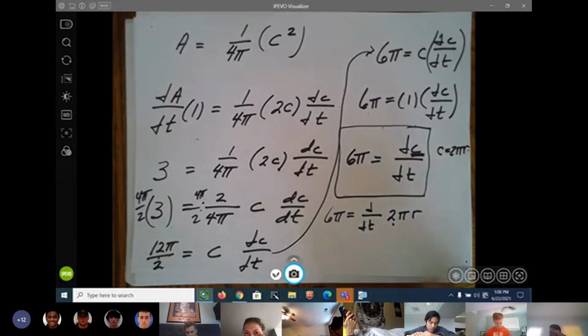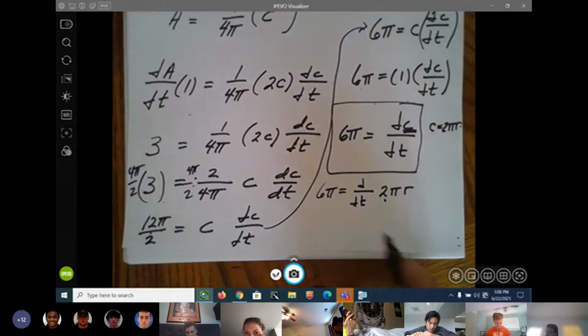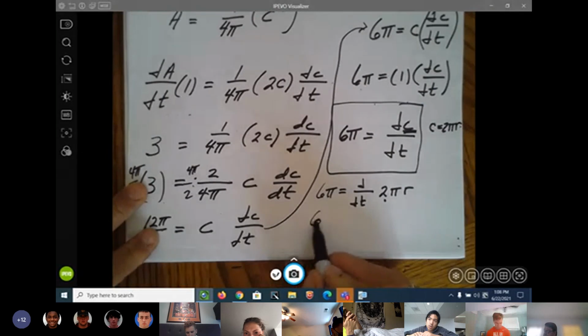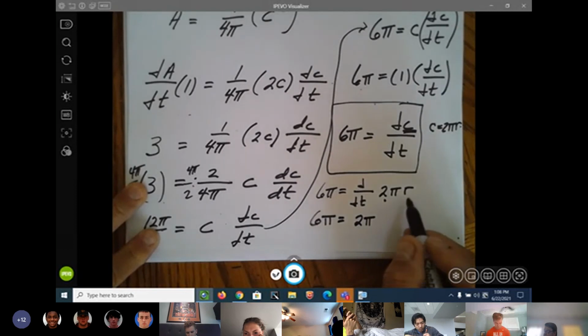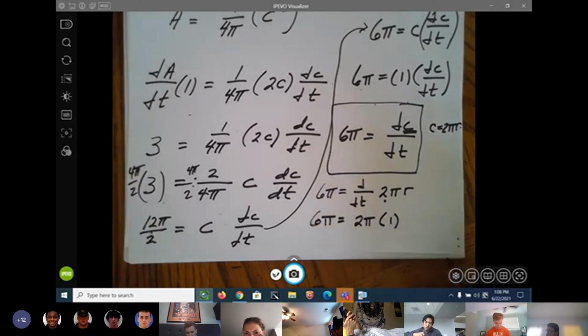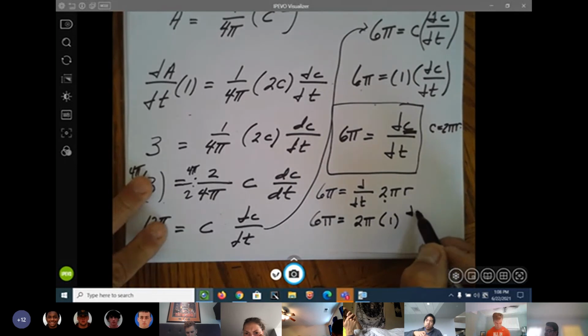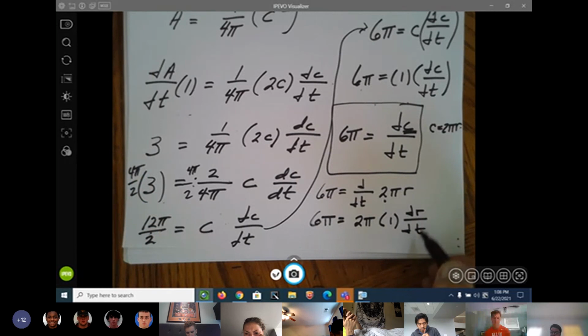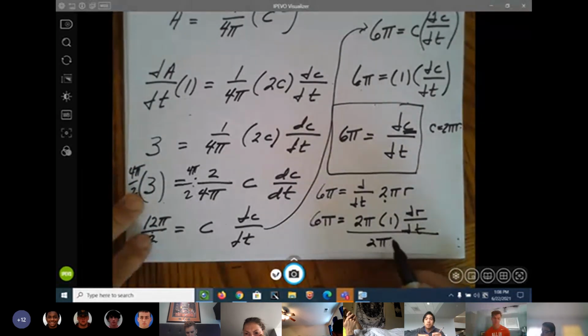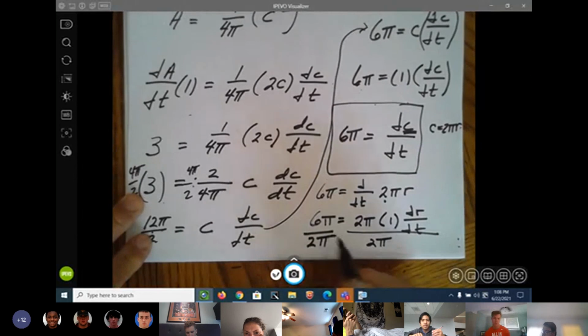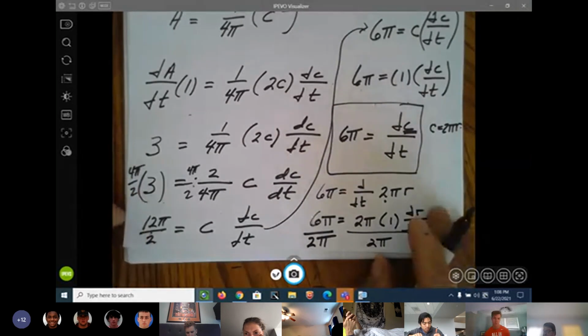Now you could do that if you wanted to. And that's going to be 6 pi is equal, that 2 pi comes out and leaves r. What is the derivative of r? 1 times dr/dt, and that's what we want right there. And divide by 2 pi, and your answer is 3.